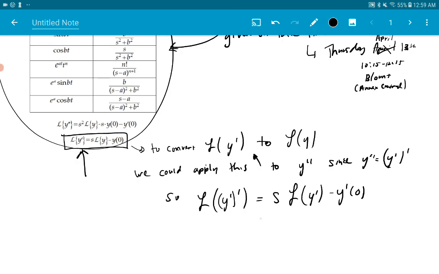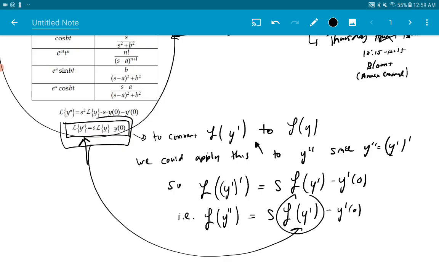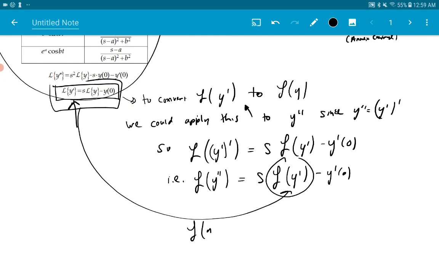So this tells us that the Laplace transform of y double prime would equal s times the Laplace transform of y prime minus y prime of 0. And now I could apply this formula again to get rid of that, and I get the Laplace transform of y double prime would be s times, in parentheses, s Laplace transform of y minus y of 0, minus y prime of 0.